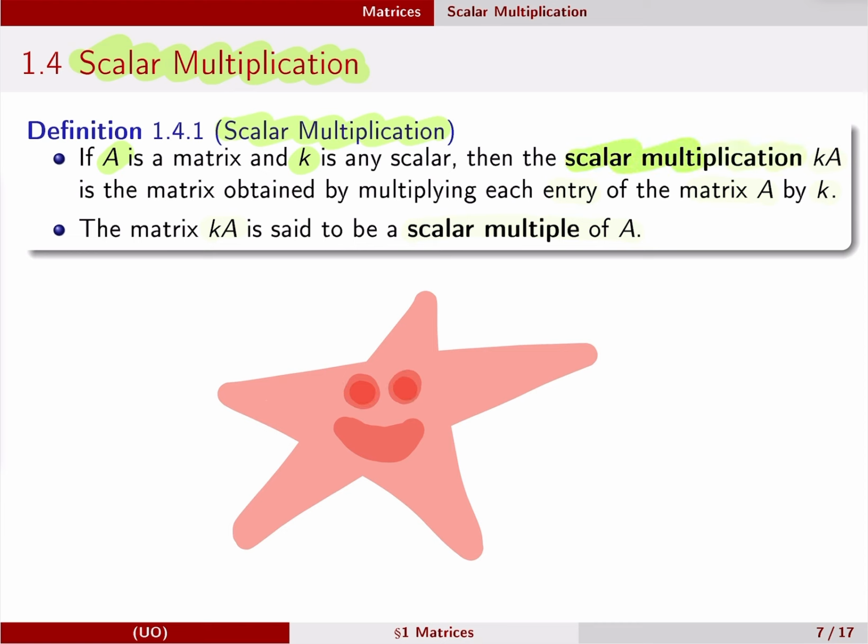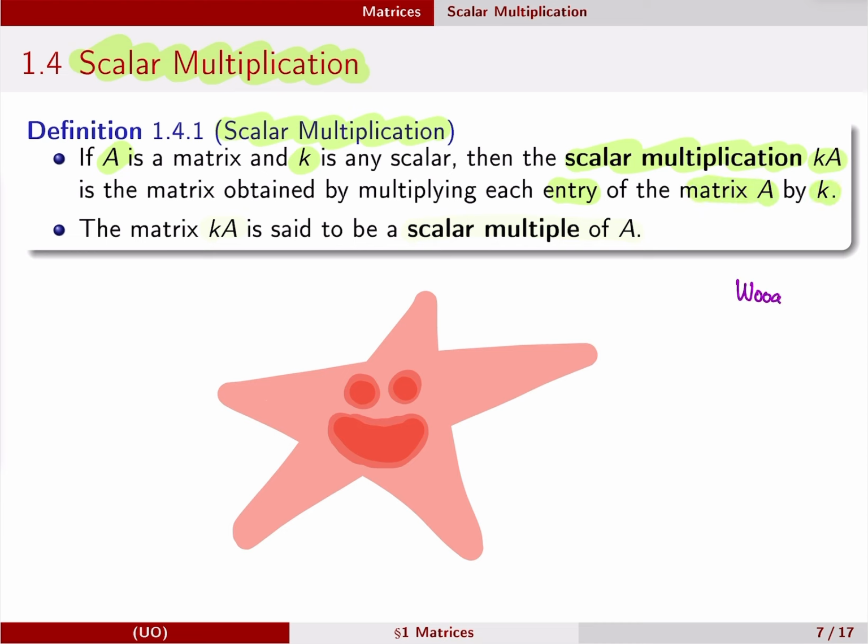Then the scalar multiplication kA is simply the matrix that is obtained by multiplying every single entry of the matrix A by k.